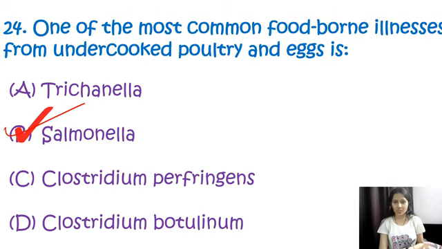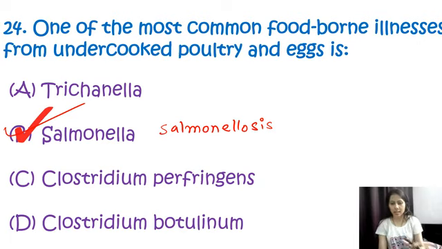Consuming contaminated poultry, eggs, or egg products can lead to salmonellosis. It is a food poisoning characterized by symptoms such as diarrhea and vomiting. It is one of the most common bacterial diseases which causes foodborne illness. So the correct option is B, that is Salmonella.